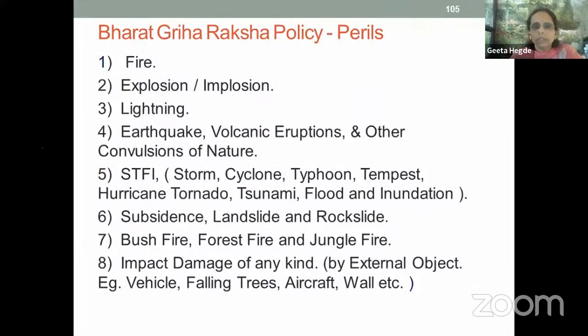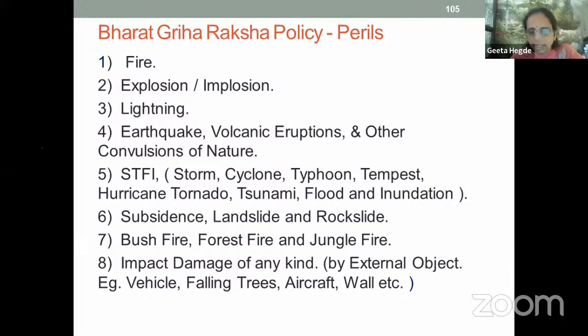Now we are seeing the perils of the Bharat Griha Raksha: fire, explosion, lightning, earthquake, STFI, bushfire, impact of any kind. As you were asking while seeing the Laghu and Sukshma policy, impact damage of any kind is written. So external objects like vehicle, falling trees, aircraft, wall, etc., are all combined under one.